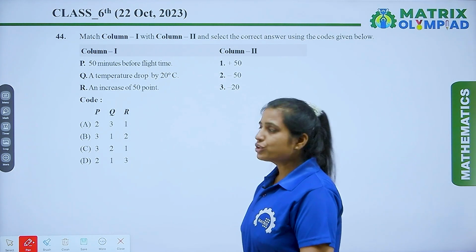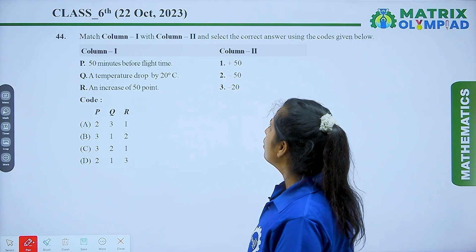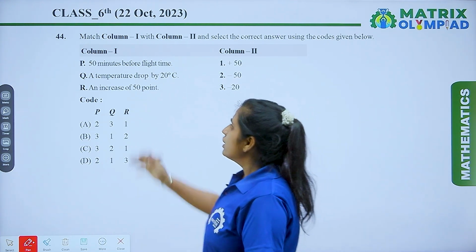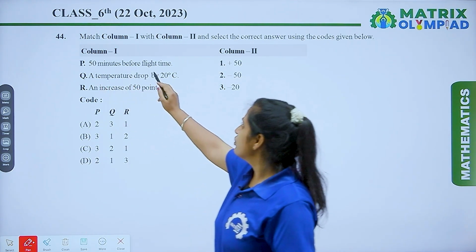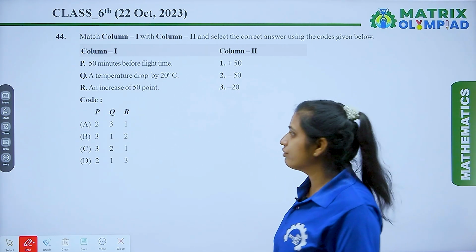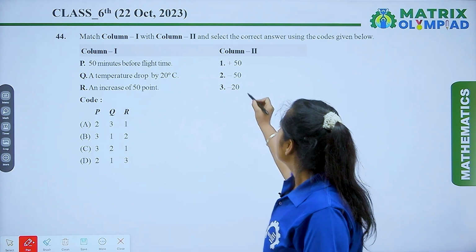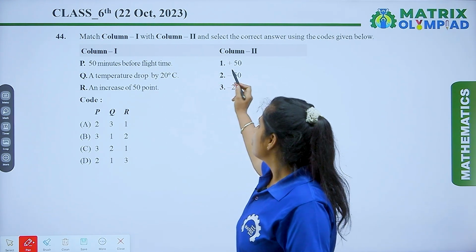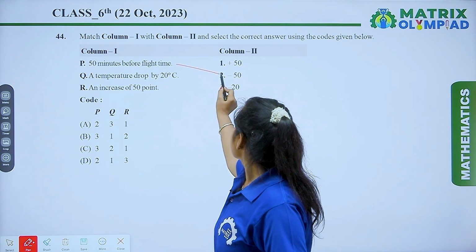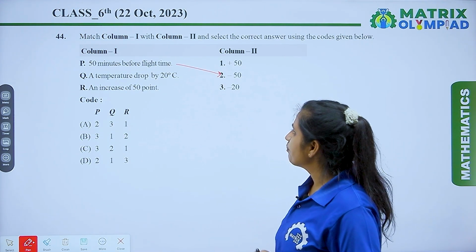Now the next question is question number 44. Match the column 1 with column 2 and select the correct answer. Now here in column 1 first is 50 minutes before flight time. Before means negative. So here we have to match with the correct sign. Here negative 50.